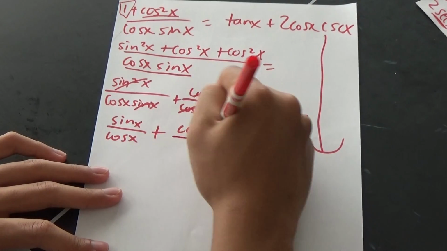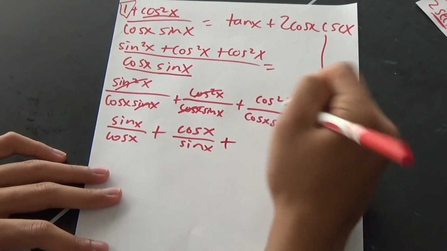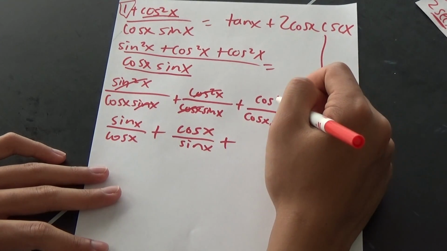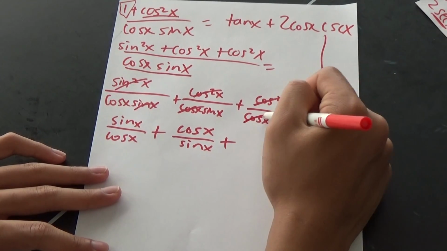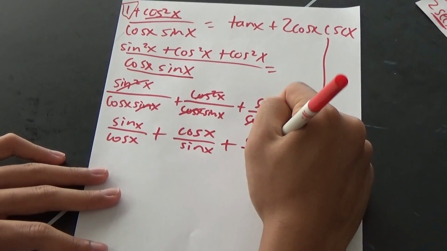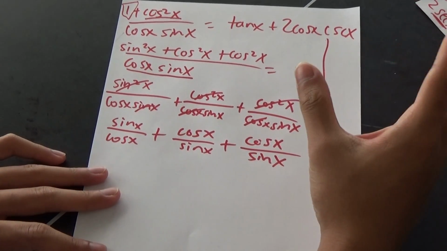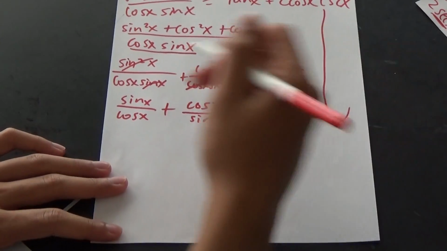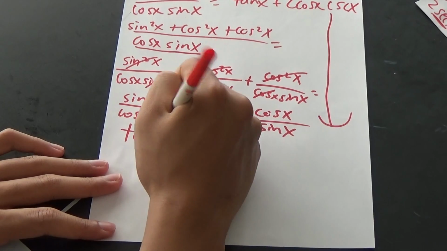That leaves you with this. Oh yeah, this is the same thing, of course. Cosine or sine x. Right? Okay, so now you have a tan x.